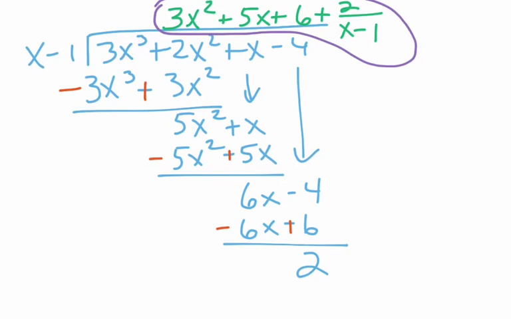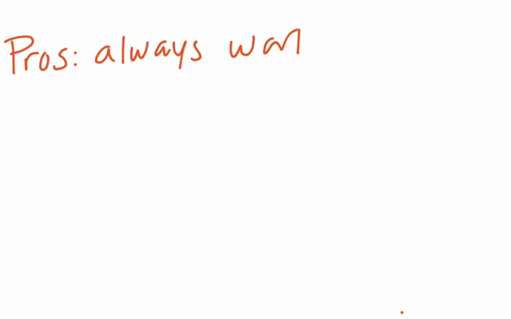Let's talk a little bit about what this is and what it does and why this is worth doing. What are the pros to this method? The biggest pro is that it always works. And next class, I'm going to show you an alternative way of doing division, which is much, much faster.